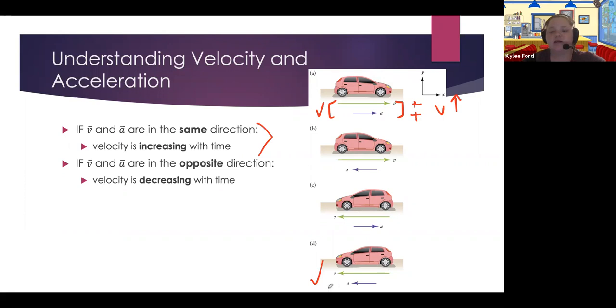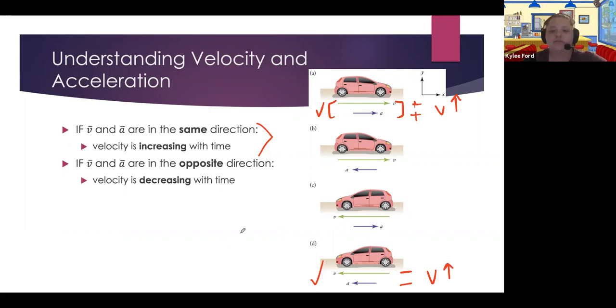Here we have our velocity in the negative x direction this time, and our acceleration in the negative x direction. Our velocity is still increasing with time.